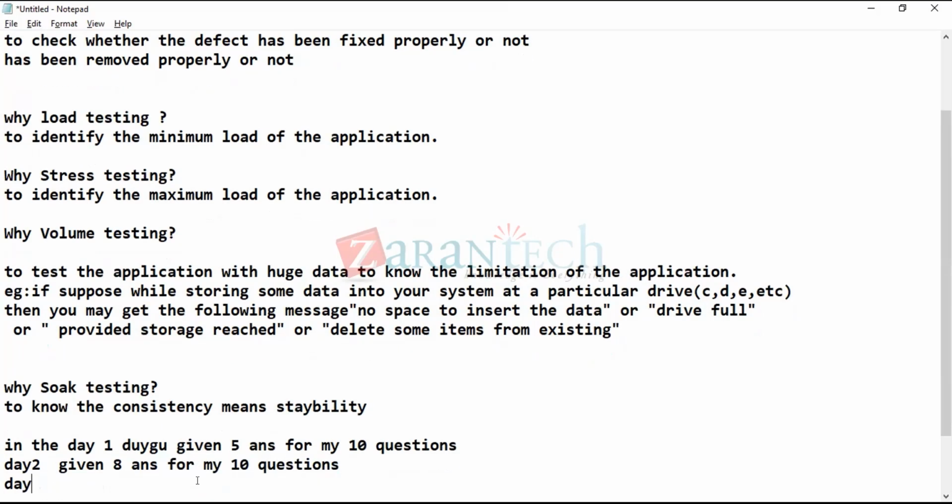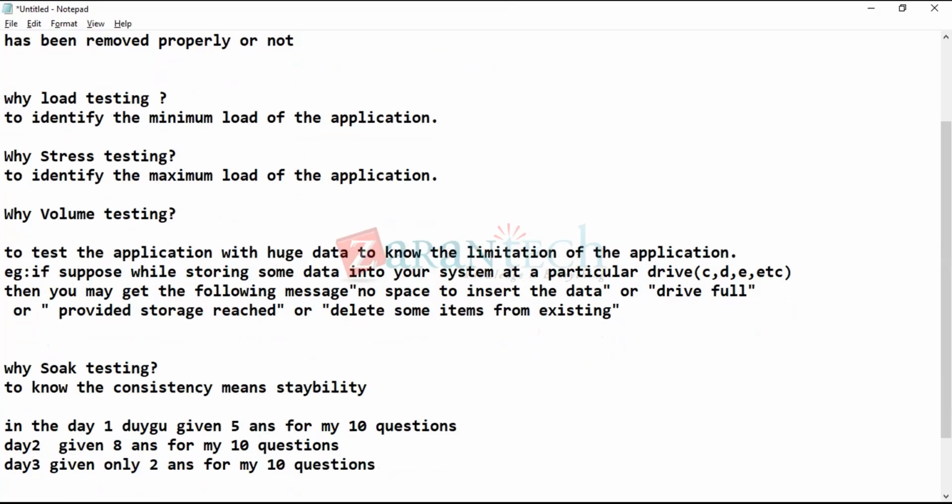In day 3, she gave 2 answers for my 10 questions. Day 4, she gave 0 answers for my 10 questions.